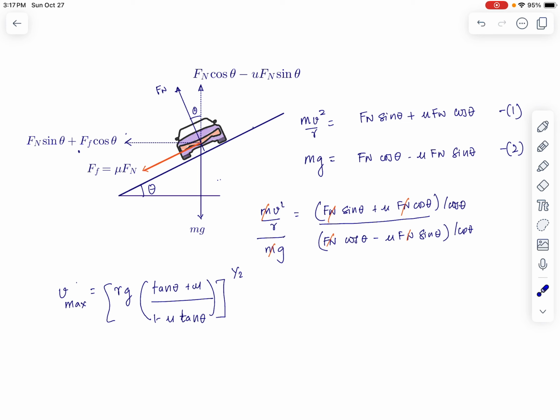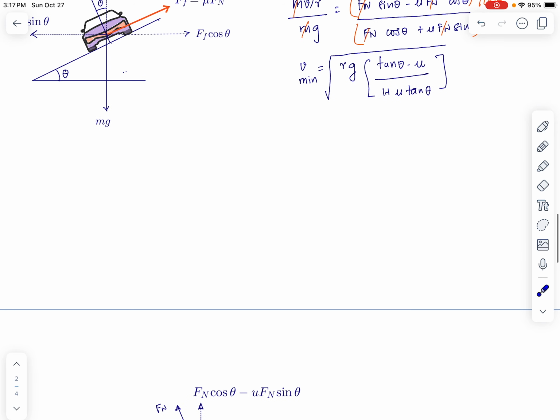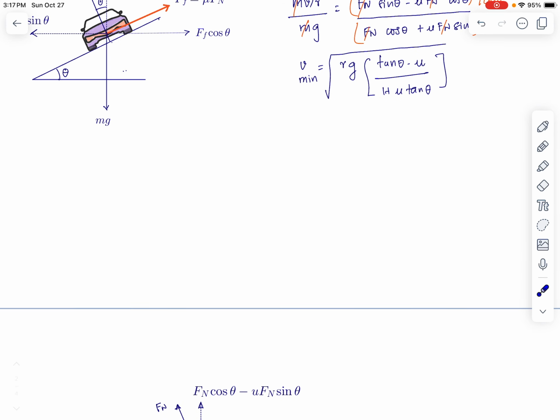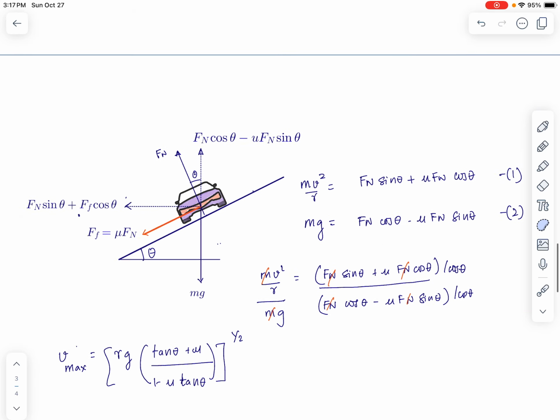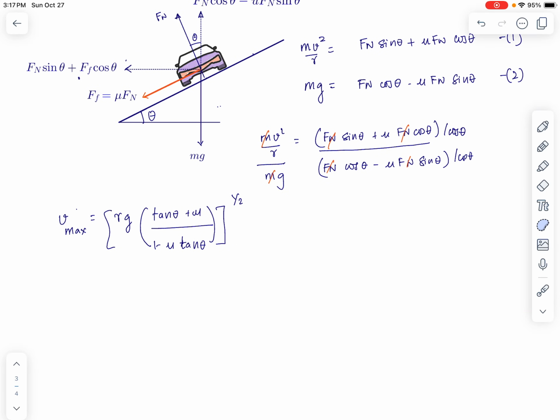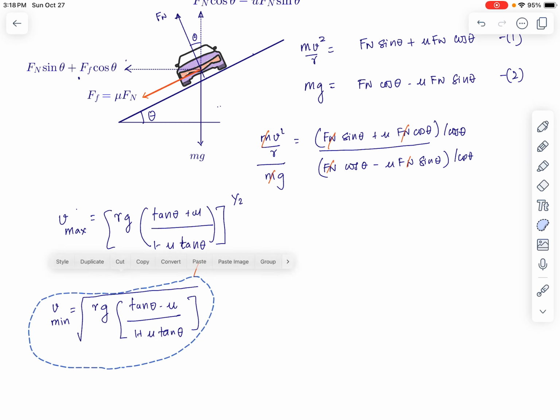Okay. Now, in the previous exercise, we observed that there is a minimum velocity as well that the car needs to have in order for the car to not slide downwards. Right?